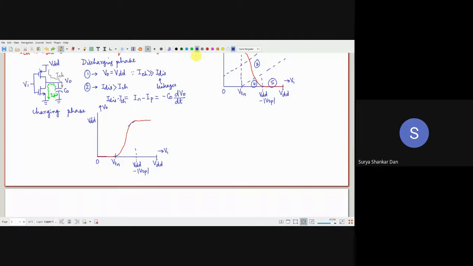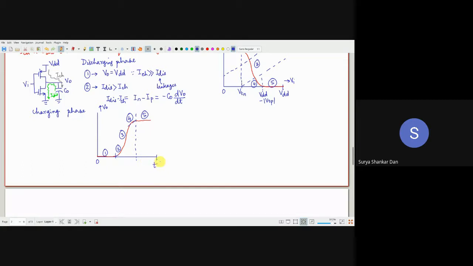This is the charging phase now. In the charging phase, this will be 1, 2, 3, 4, and 5. Okay. Now the VI direction will be opposite. Actually, I should not mention it like VI over here, otherwise it will violate the inverter law. So here I shall put simple time t.